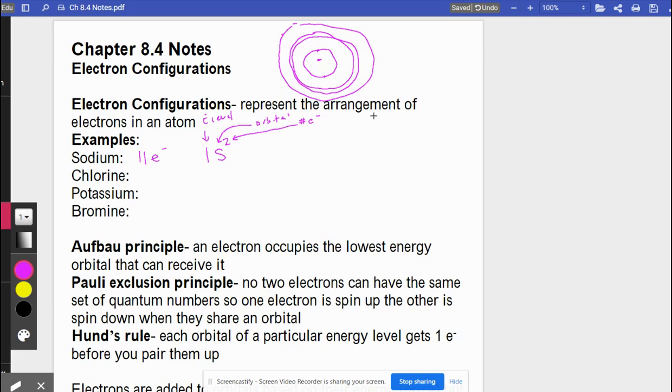Once that's full, it will only hold 2 electrons, as do all the s orbitals. We have to move out to the second energy level. The second energy level starts with 2s, and it's also going to have 2 electrons in it, and then it's full. Then we go out to the 2p orbitals. Remember we had a px, a py, and a pz orbital.